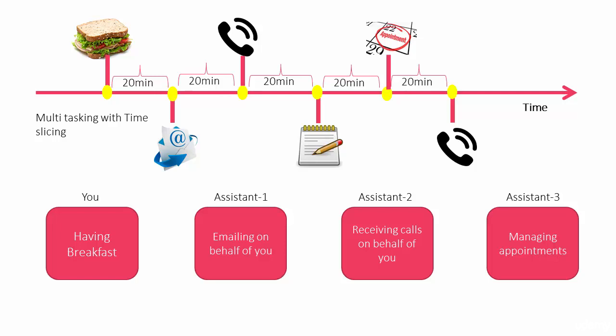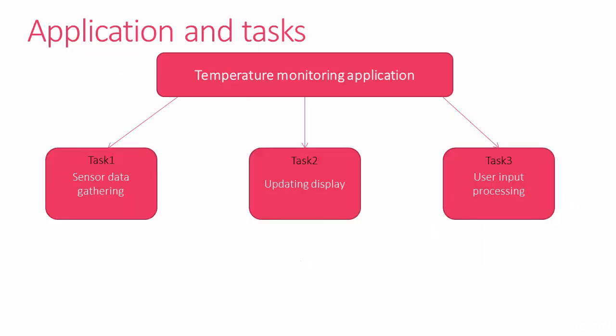Similarly, in multitaskable computing, an application may consist of multiple tasks. Each task is supposed to carry out one unique functionality. So let's say there is an application called temperature monitoring system, and this application has got 3 unique tasks.